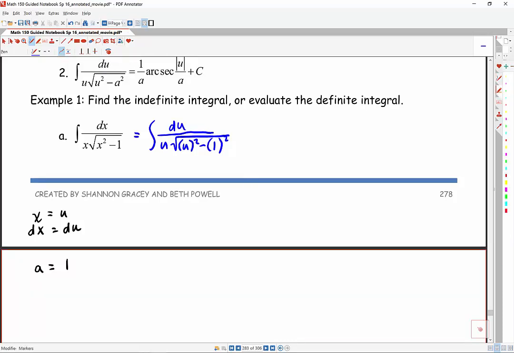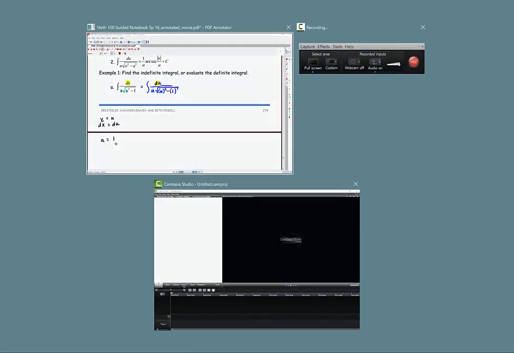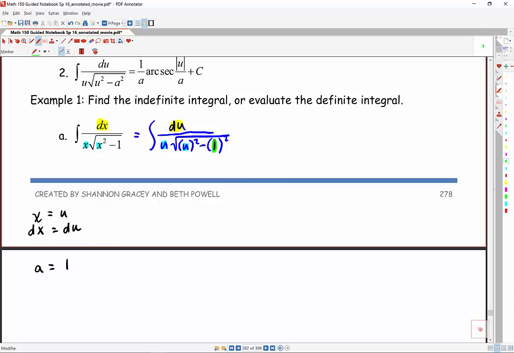So let's take a look at what we've got. dx was equal to du, our u was just x, and our a was 1. Okay? All right, so now what would we have? We would end up with this result like we were saying.